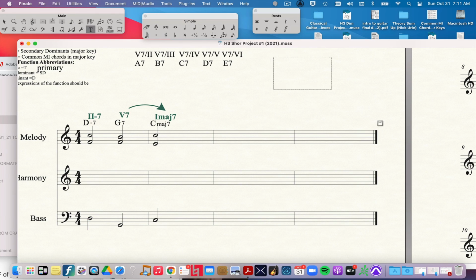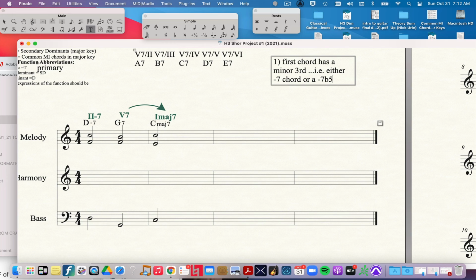The first chord must have a minor third. So that would be either a minor 7 chord or a minor 7 flat 5.